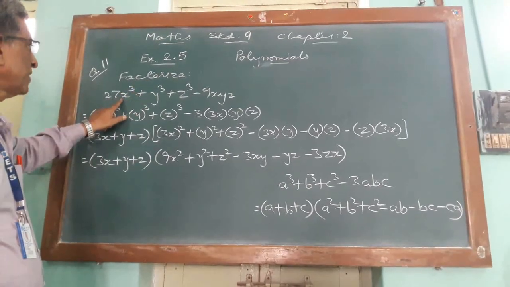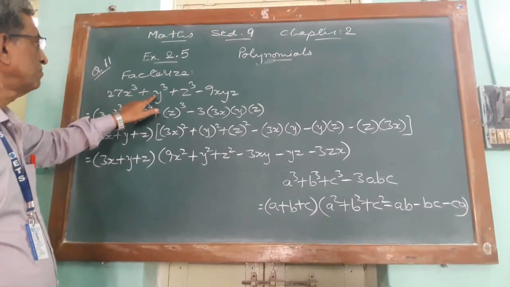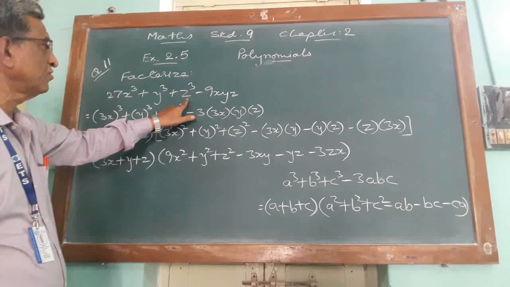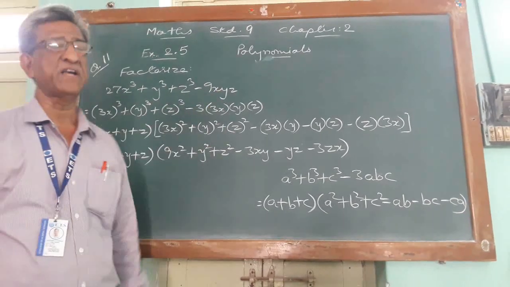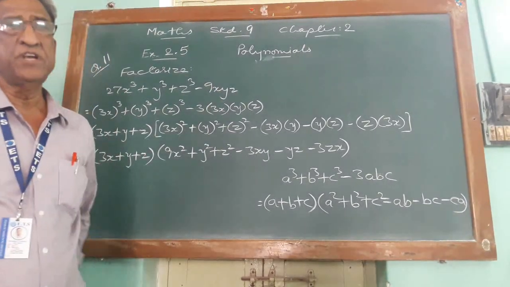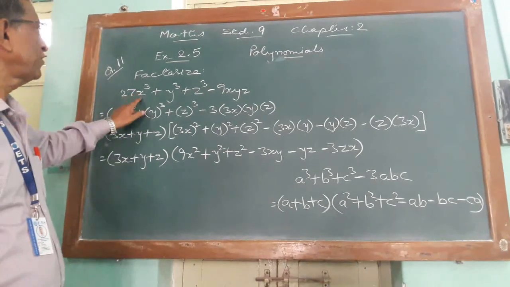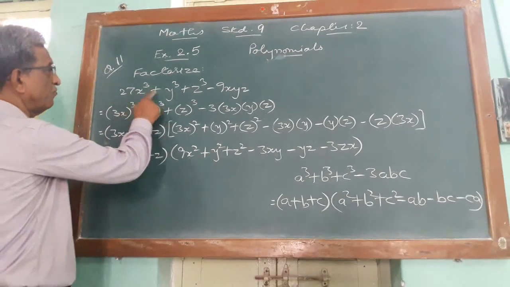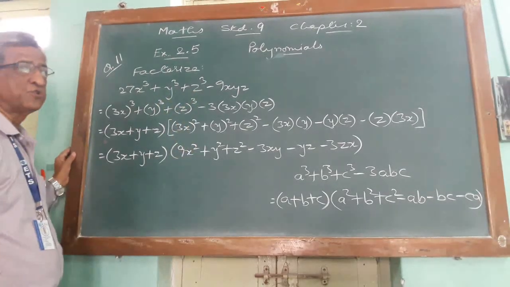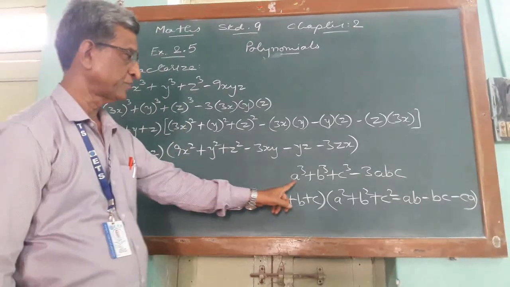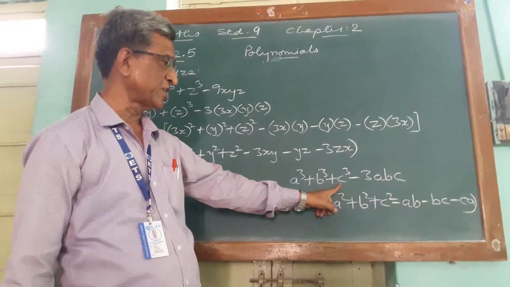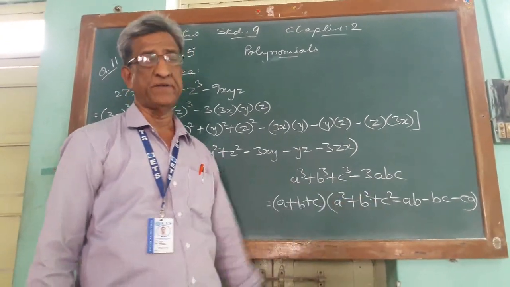Question 11. Factorize. 27x cube plus y cube plus z cube minus 9xyz. So here you will get one more formula. You can see there are three cubes, x cube, y cube, z cube. So you have learned this formula, a cube plus b cube plus c cube minus 3abc.